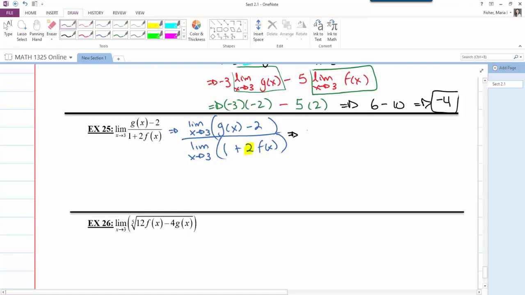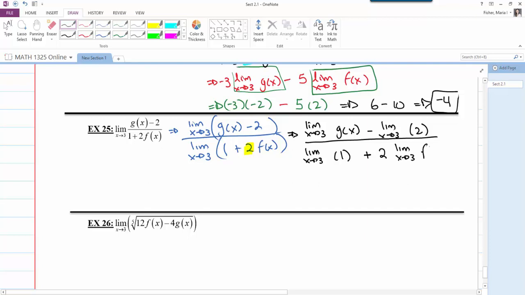So then this becomes the limit as x approaches 3 of g of x minus the limit as x approaches 3 of 2 over the limit as x approaches 3 of 1 plus twice the limit as x approaches 3 of f of x.